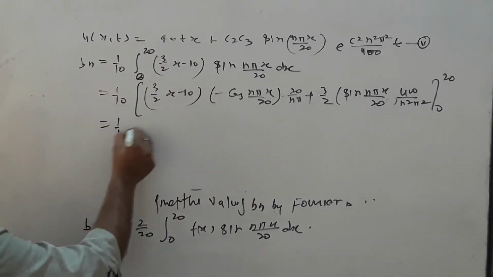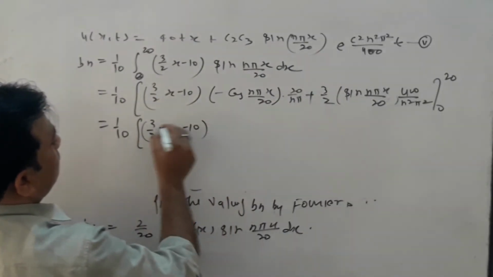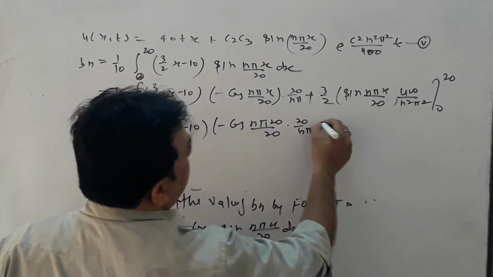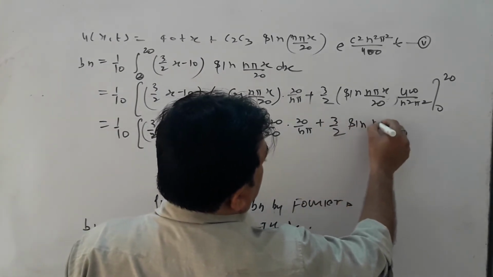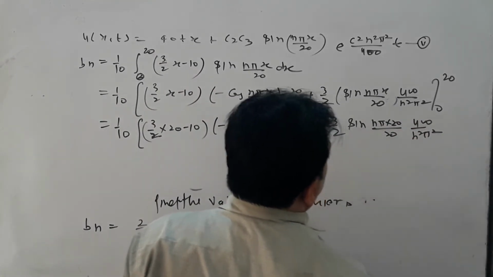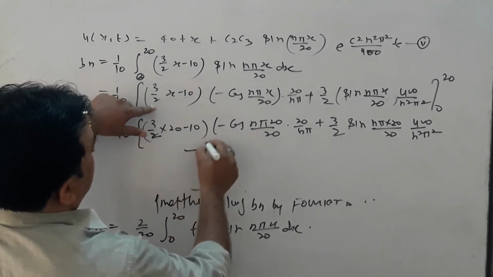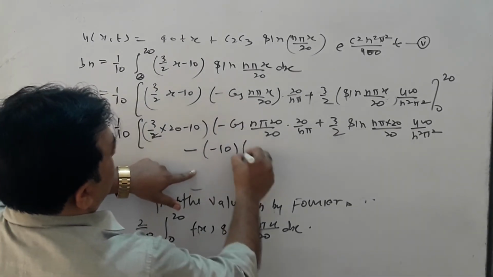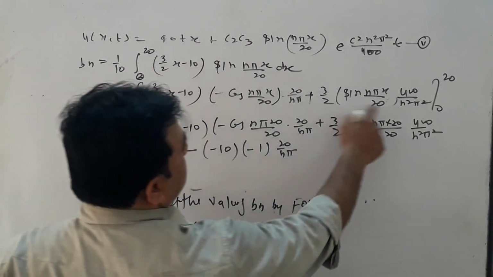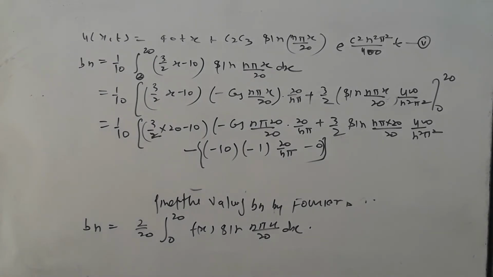Applying the limit, 1 by 10, 3 upon 2 into 20 minus 10, or minus cos n pi 20 over 20 into 20 upon n pi, plus 3 upon 2 sin n pi into 20 over 20, or 400 upon n squared pi squared, minus applying 0, this value is 0, so minus 10 and minus 0, cos 0 value is 1, and 20 upon n pi, and sin 0 is 0. This is the value when we apply the limit.